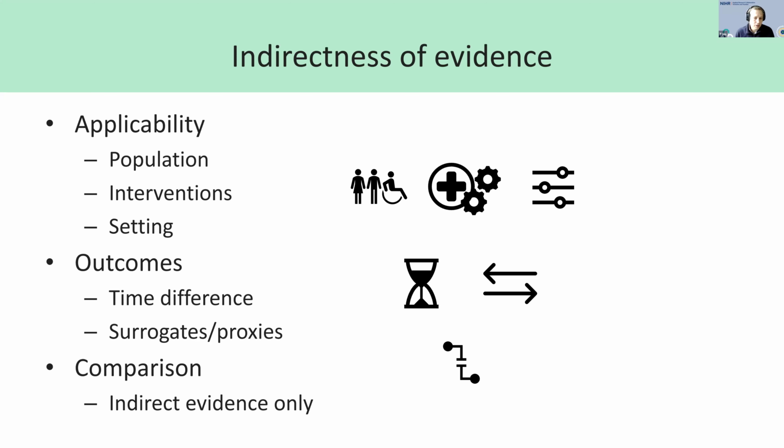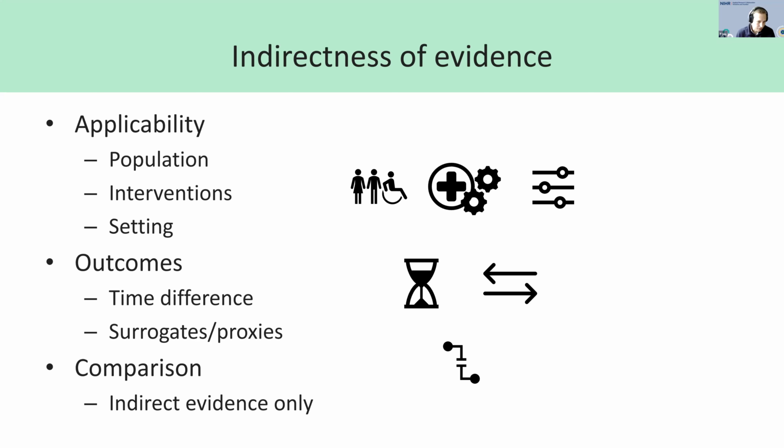And also the systematic review might have gathered evidence on two different kinds of intervention, but in both cases, the studies that have been included have only compared the intervention to, let's say, usual care or no intervention, and they haven't been directly compared with each other.